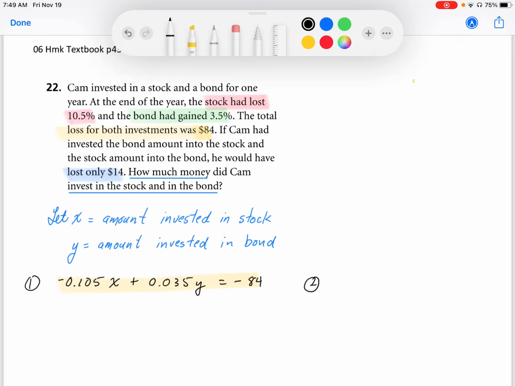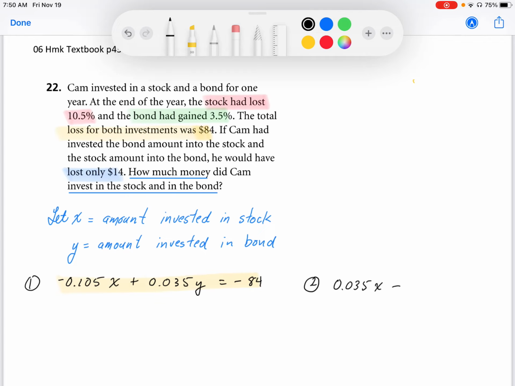So if we switch the investments around, we lost only $14. So I'm going to write it like this. For the X, we're now going to gain 3%. The amount invested in stock is now in bonds, so we gain.